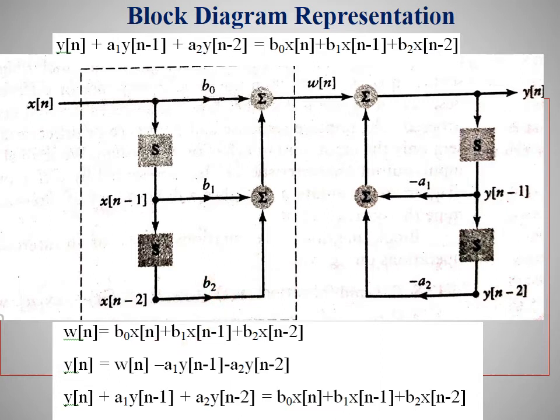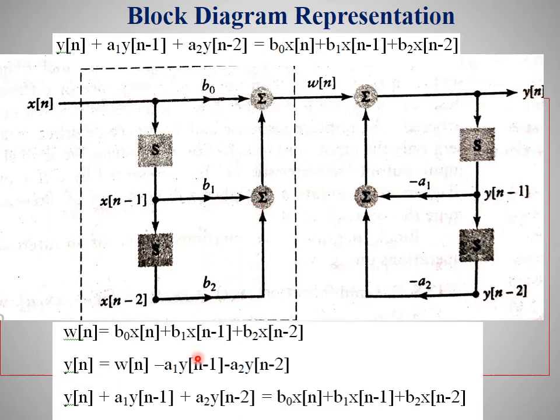So now the terms generated are b0 x of n, b1 x of n minus 1 and b2 x of n minus 2. So this is b0 x of n, this is b1 x of n minus 1 and this is b2 x of n minus 2. Let us first generate the first adder between b1 and b2, that is what has been generated here.